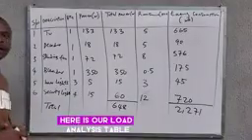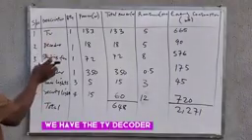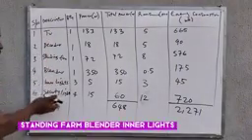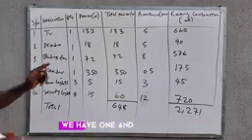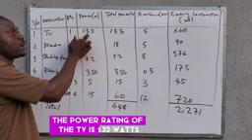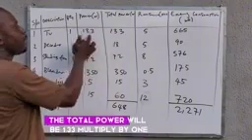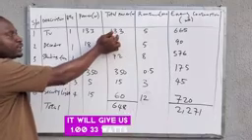So here is our load analysis table. We have the TV, decoder, standing fan, blender, inner lights, security lights. So the TV, we have 1, and the power rating of the TV is 133 watts. The total power will be 133 multiplied by 1. It will give us 133 watts.